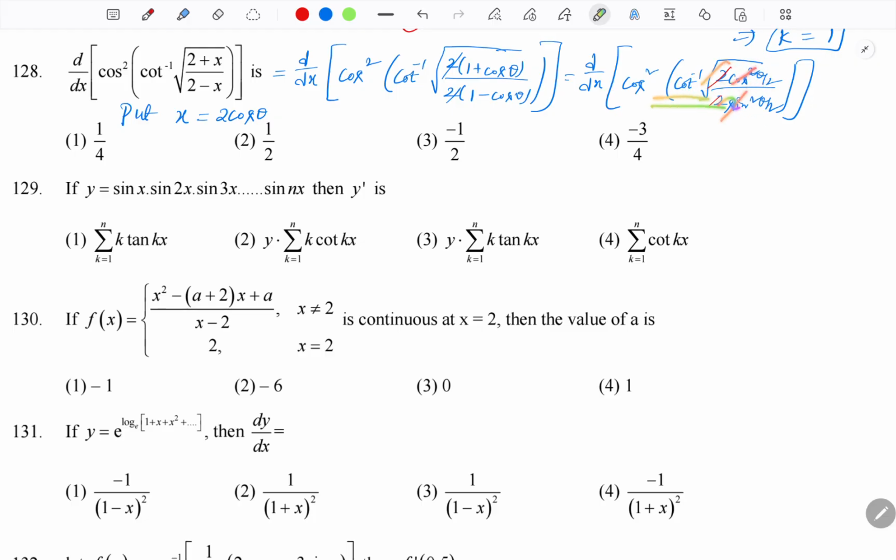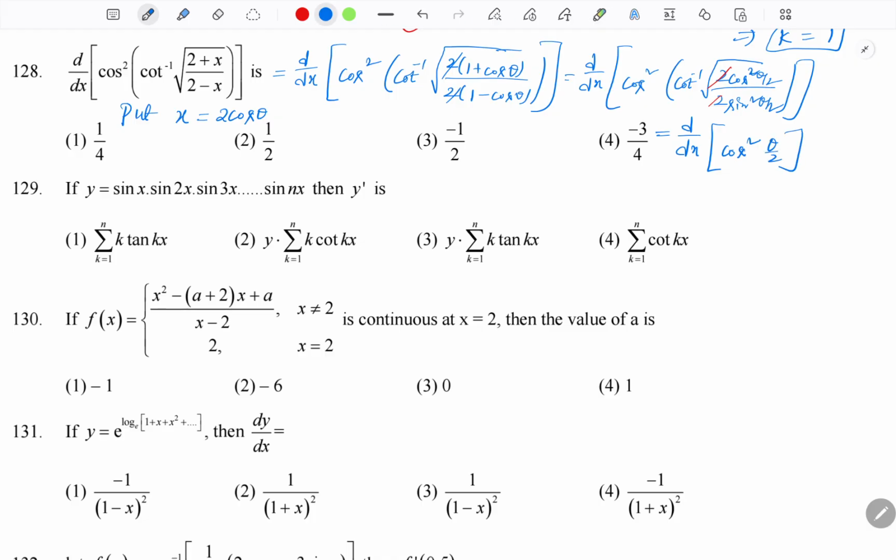Then cos by sin inside cot inverse, both will be cancelled. We get only theta by 2 inside. So here this is equal to d by dx of cos square of theta by 2. So the remaining is theta by 2.